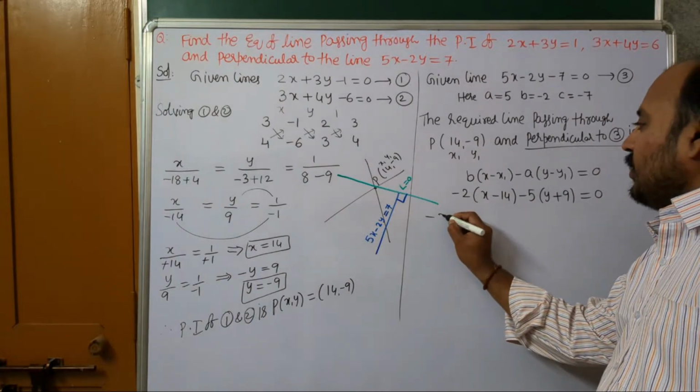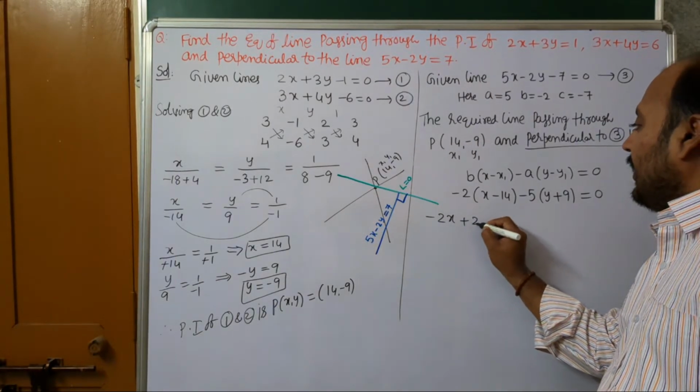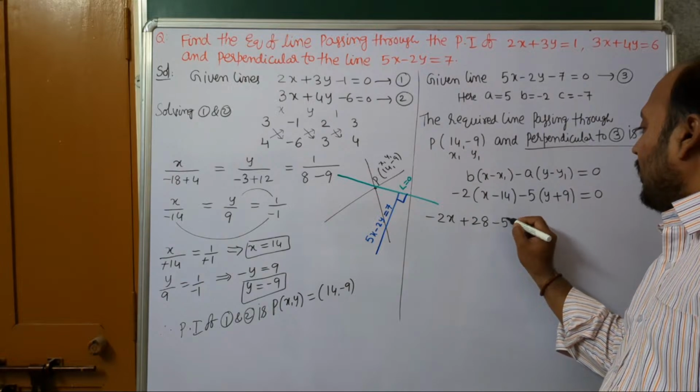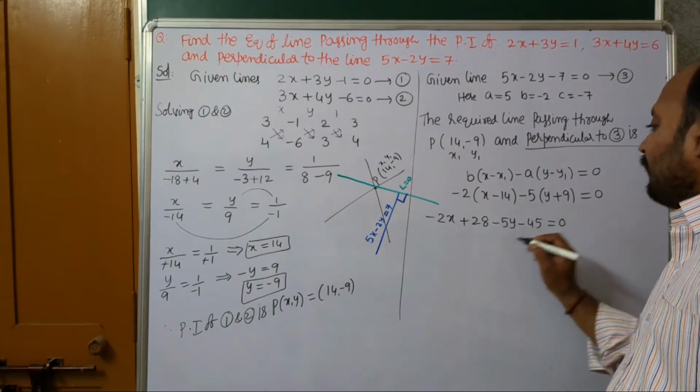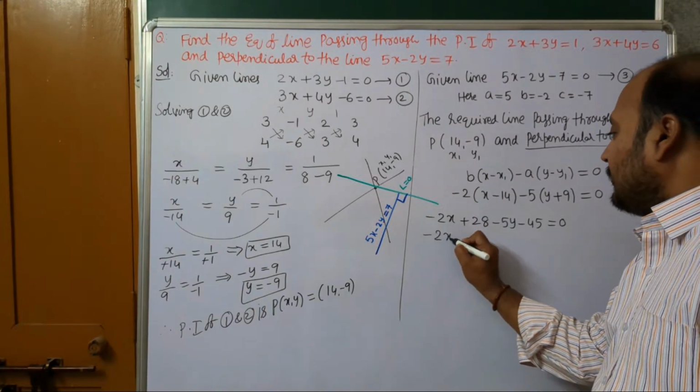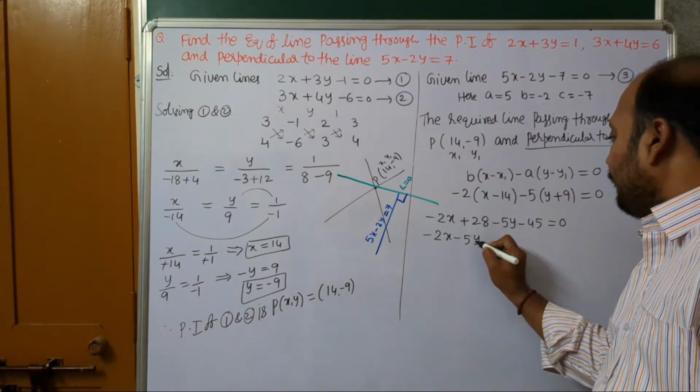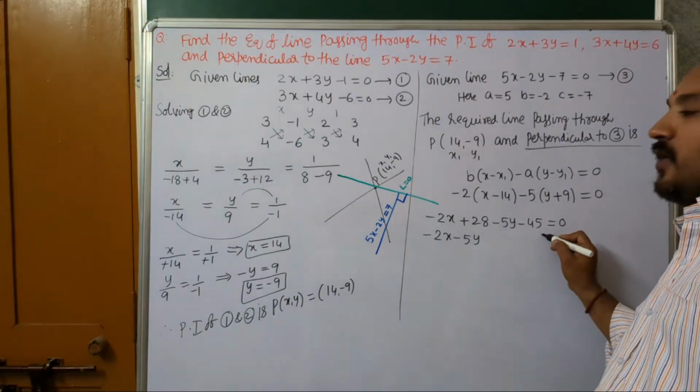So minus 2x plus 28 minus 5y minus 45 equal to 0. Minus 2x minus 5y, 28 minus 45.